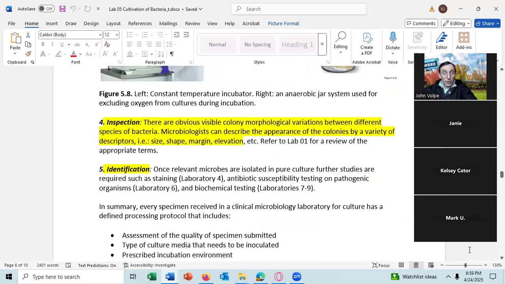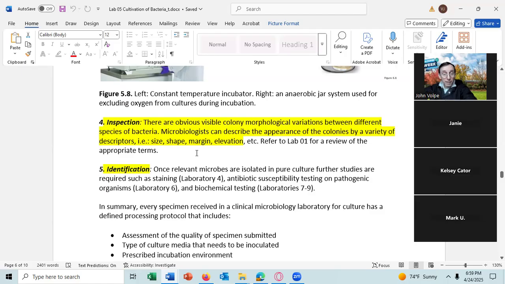All right, once you've grown up your cultures, you then inspect them, looking for obvious visible colony morphological variations to help you distinguish between the bacteria. Microbiologists can describe the appearance of colonies with a variety of descriptors like size, shape, margin, that's the edge of the colony, the elevation of the colony, to help begin to identify the colony, meaning the species.